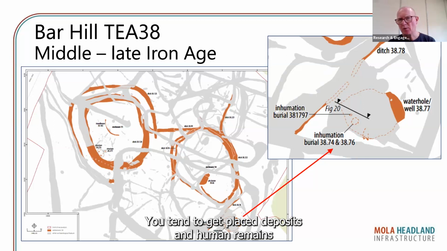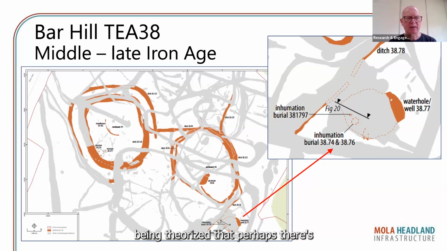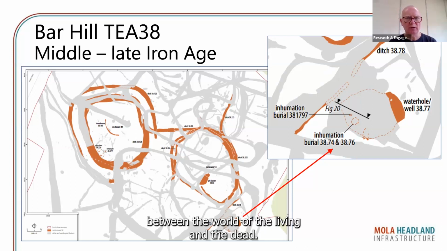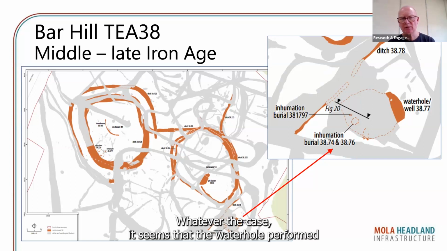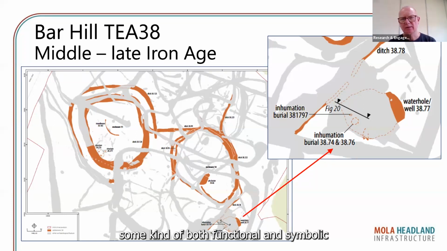You tend to get placed deposits and human remains in watercourses. It's been theorized that perhaps these were liminal spaces between the world of the living and the dead. Whatever the case, it seems that the waterhole performed both a functional and symbolic function, really. And we're going to take a closer look at the double burial in particular.